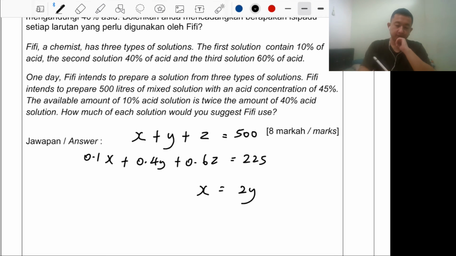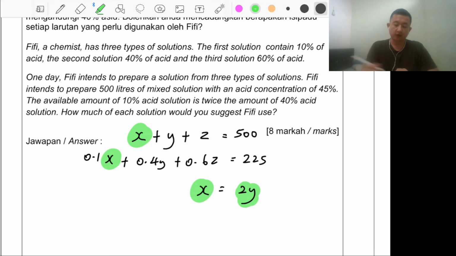So sub in. Whenever you see x, you sub in with 2y.